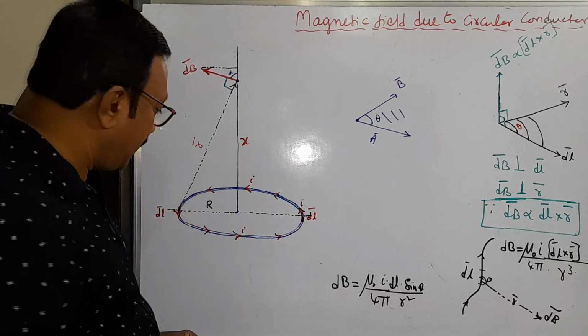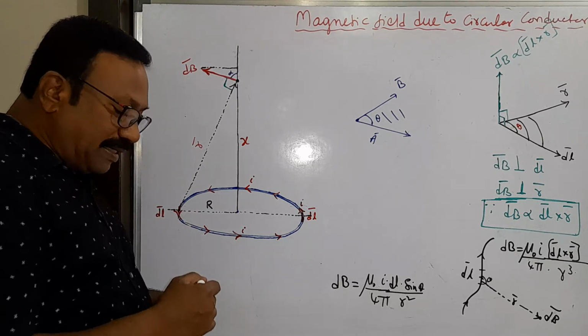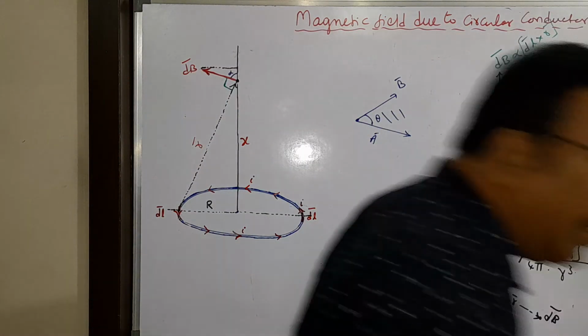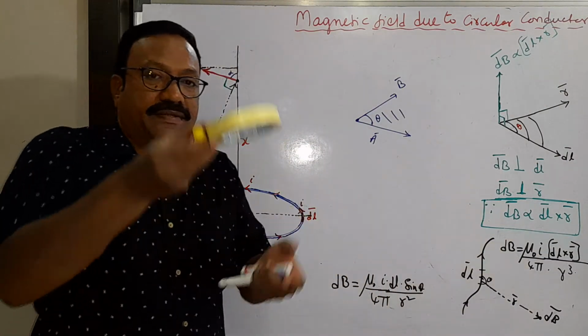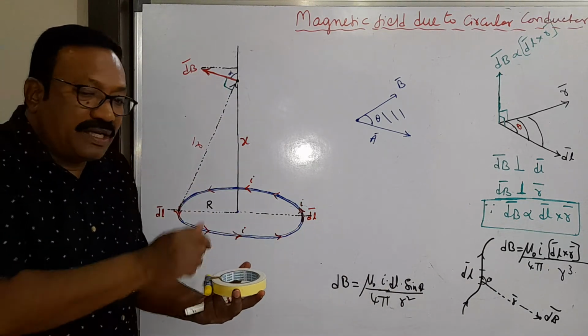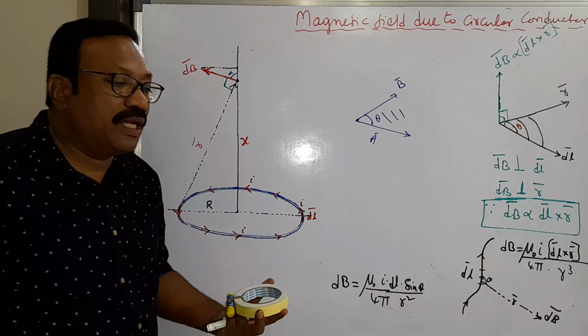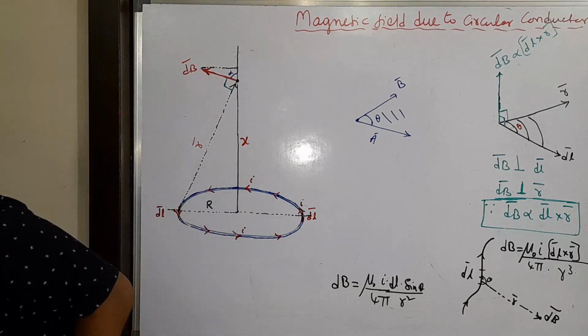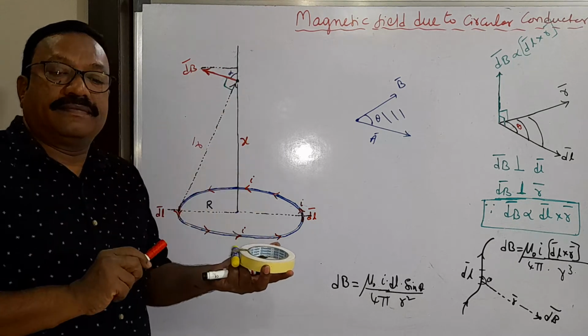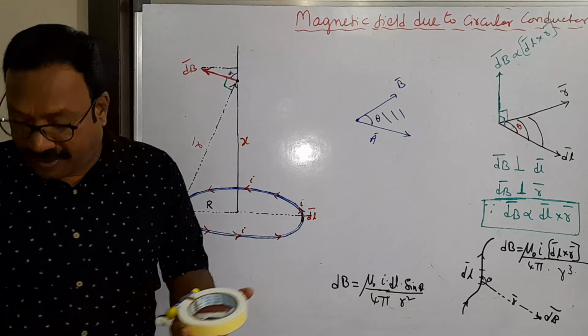So this conductor is in a horizontal plane, I have taken it on a horizontal plane like this, and you are determining the magnetic field along the axis. That is what I am doing here.